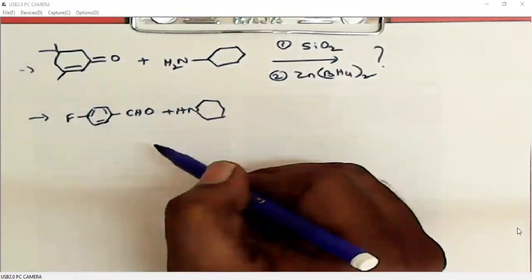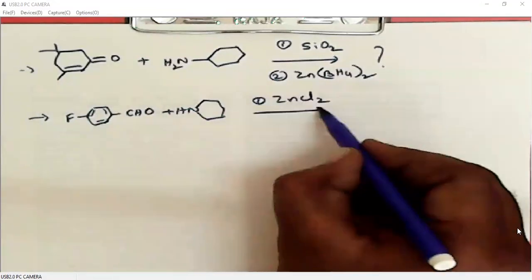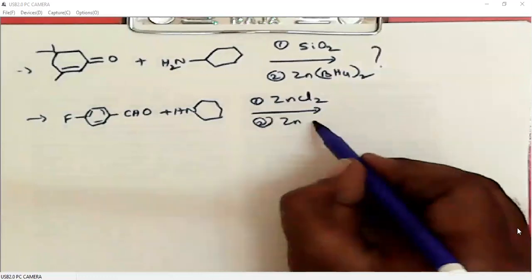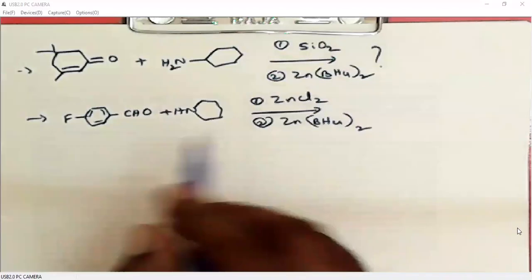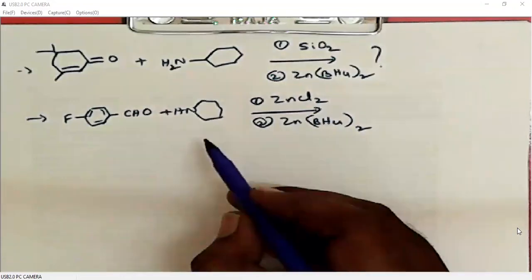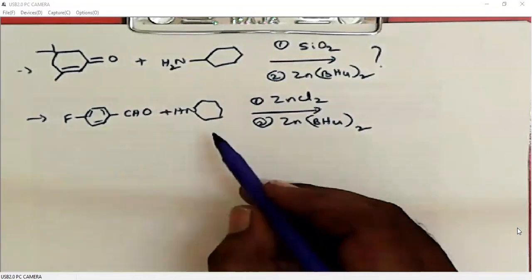Piperidine. So here we are using zinc chloride as a Lewis acid for condensation. Then zinc borohydride. Without Lewis acid also, a carbonyl and amine will form imine, but the yield is very less. The formation of the product can be improved by using a Lewis acid.